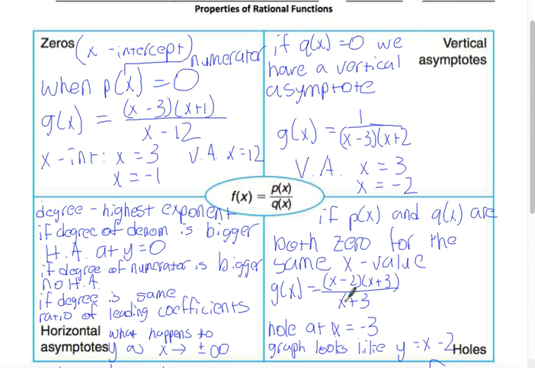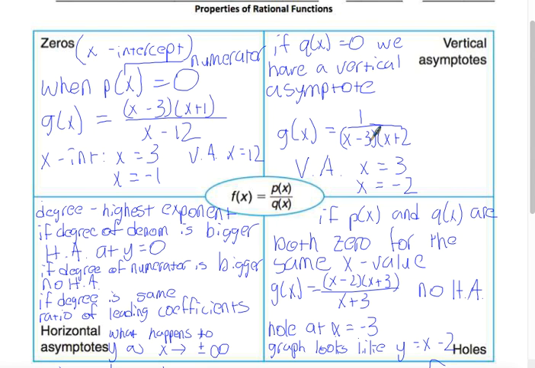So in the denominator we have x, just one x. In the numerator we would get an x squared. So g of x here would not have a horizontal asymptote. Whereas in this function, in my vertical asymptote box, this is a 1 and it's divided by x minus 3 and x plus 2.